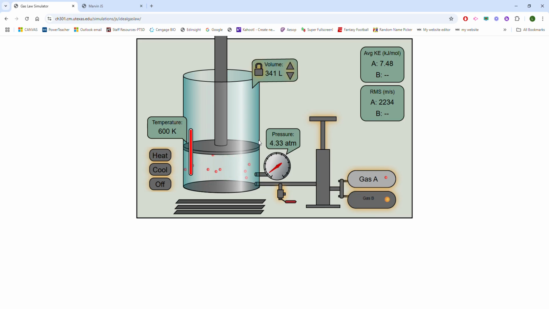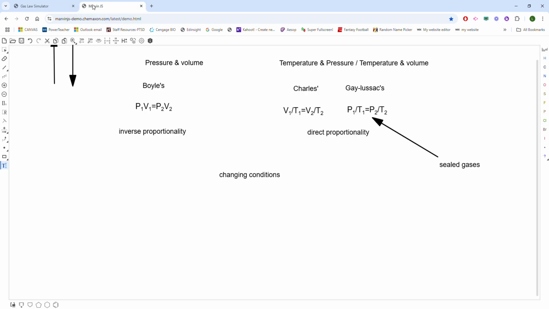And we can do other things we'll learn later that also adjust how gases behave, such as the addition of more gas particles, perhaps the addition of different gas particles. We'll investigate those a little bit more at a later time. But for now, the key concept is that we have three laws that we have examined, either experientially or in a more conceptual way, that relate pressure, volume, and temperature.